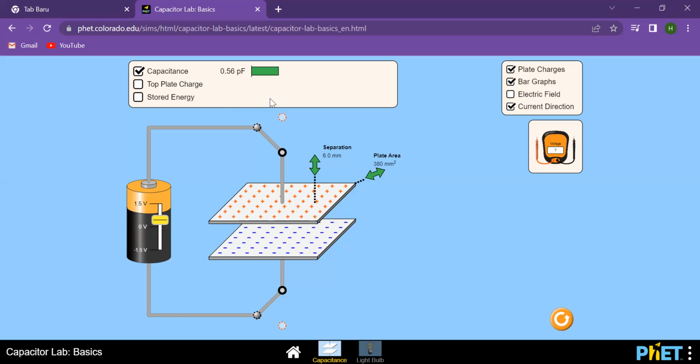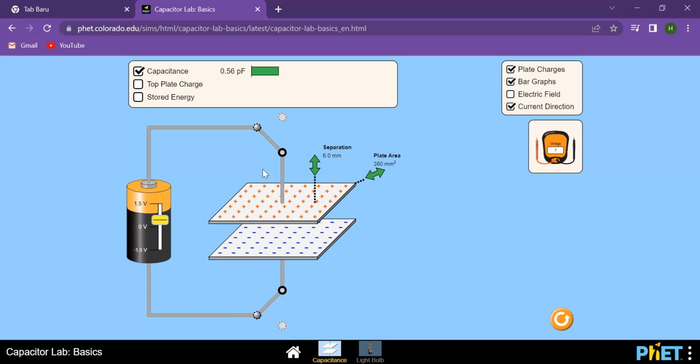So the area of both plates is directly proportional to the capacitance. The wider the area of both plates, the greater the capacitance. Again, the wider the area of both plates, the greater the capacitance.